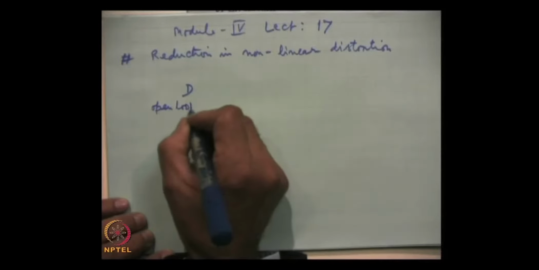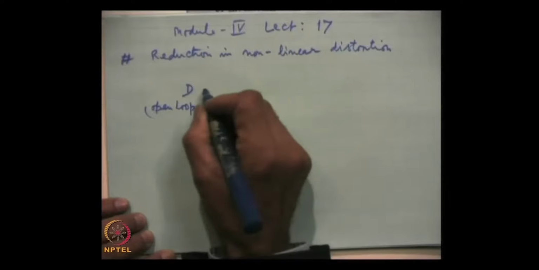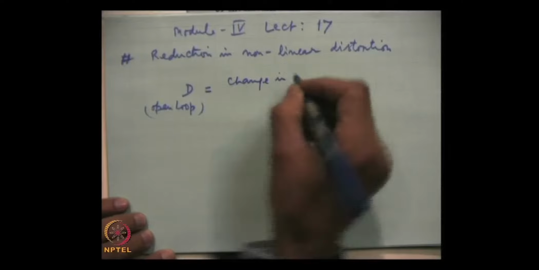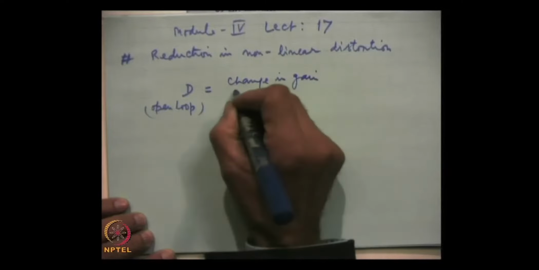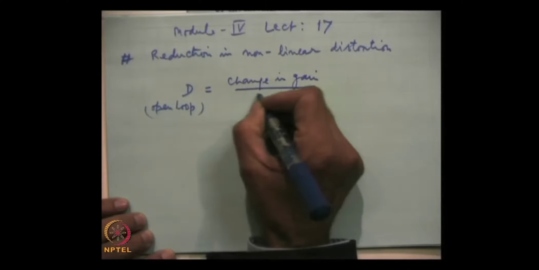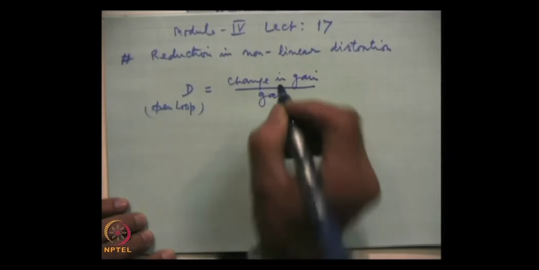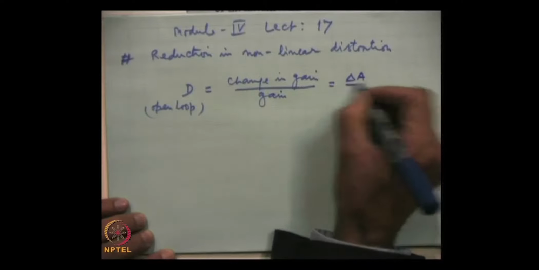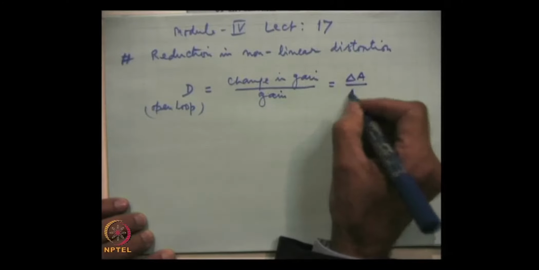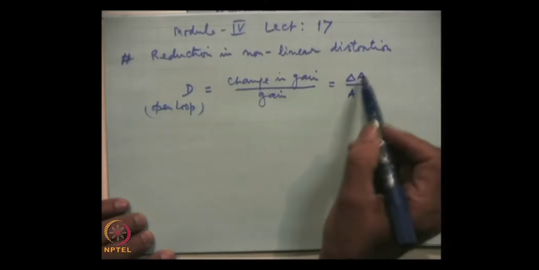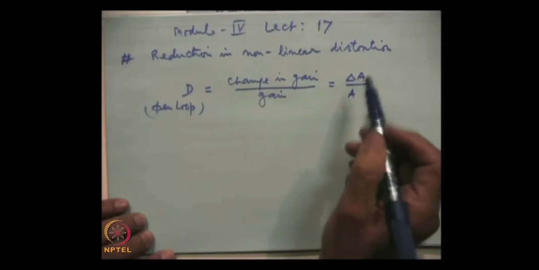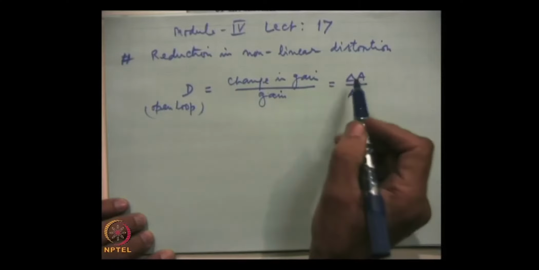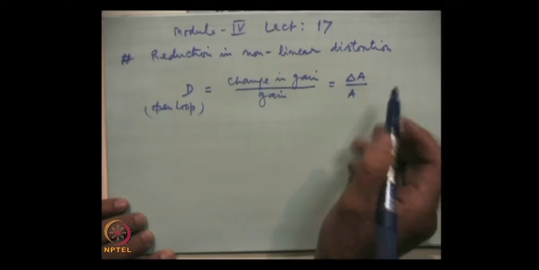So, let us take open loop: this is change in gain divided by gain, that is dA by A, and if this change is infinitesimally small, then this delta can be taken as a differential.